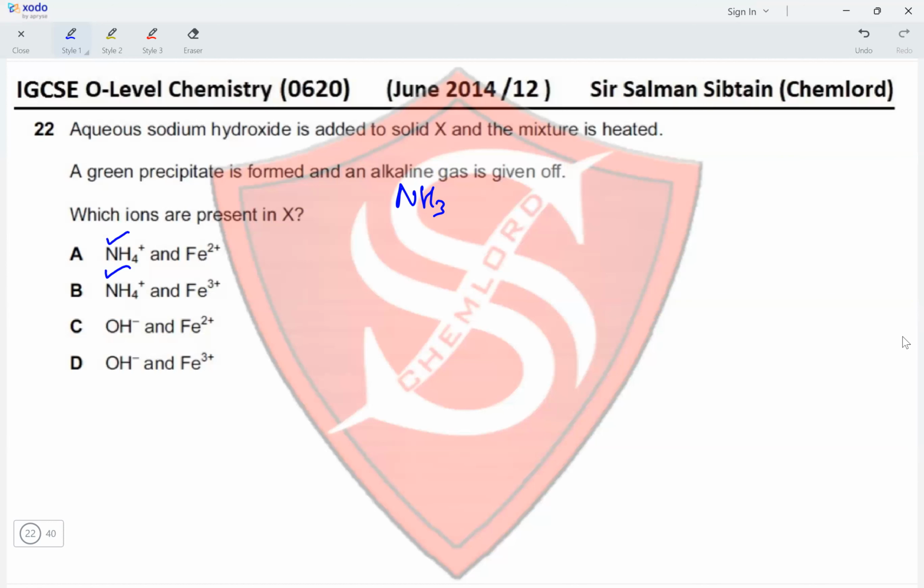A green precipitate is that of Fe2+ in NaOH. So Fe2+ is present, not Fe3+, and also hydroxide ions are not present. This eliminates options B, C, and D and makes option A the correct option for this question.